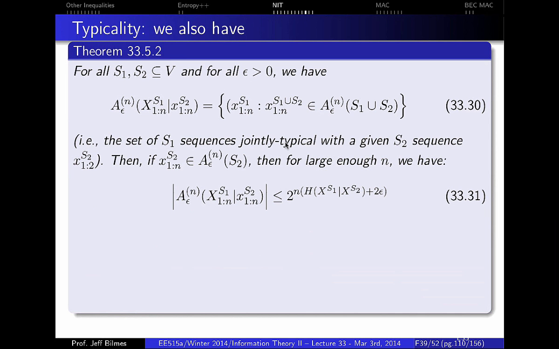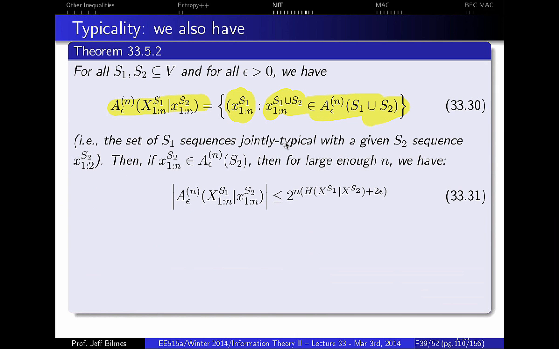This is another thing that we want to say. It bounds the size. This definition here is the typical S1 given S2 sequences, and it's all of these S1 sequences such that S1, S2 are jointly typical. So it's like you're given a typical S2 sequence, and you want to see all of the S1 sequences that are jointly typical with S2.